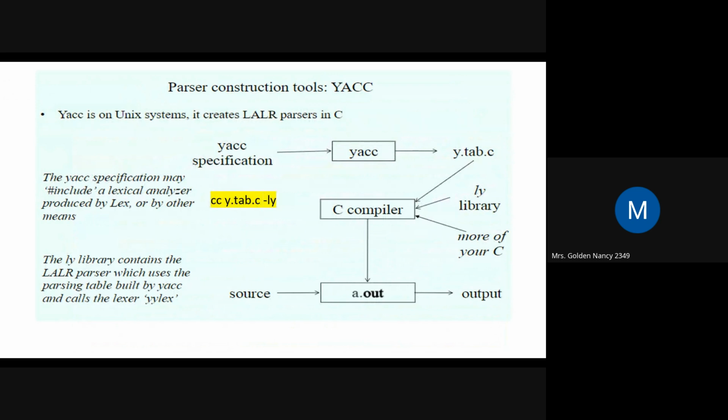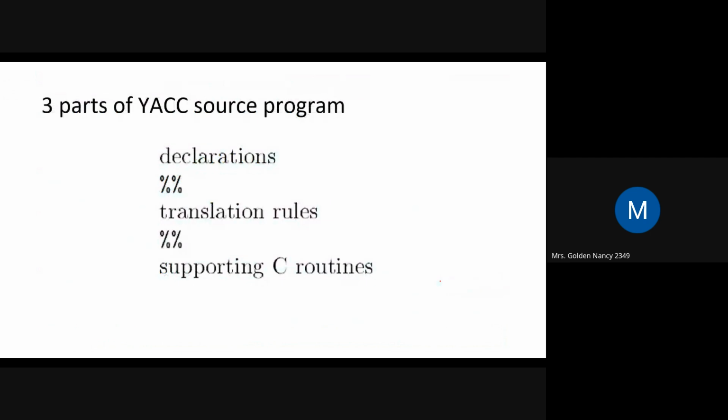Before that, we will just see this: the same thing we saw in the first slide is given here. The YACC specification gives you a C file, which is compiled by the C compiler, where we add the library and so on, and you get an output. So there are three parts of a YACC program: declarations, translation rules, and supporting C routines or auxiliary functions.